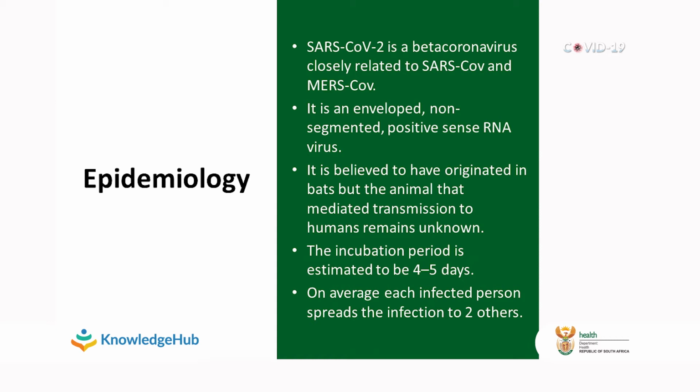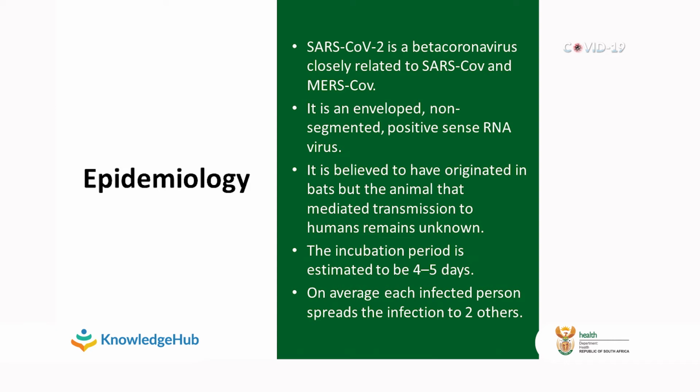And this is a virus which is enveloped, is non-segmented, and it's an RNA virus. It is believed to have originated from the birds, but the animal that mediated transmission to humans remains unknown till today. Incubation period is around 4 to 5 days, but we know it can last up to 2 weeks.